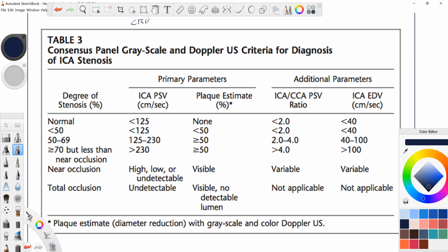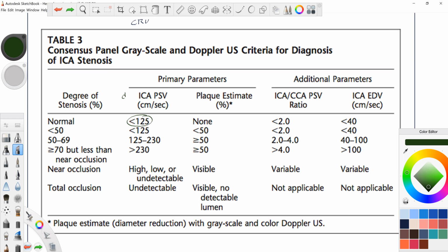Anyway, so how we read this. If my ICA peak systolic velocity is less than 125, and this is my Doppler in this plaque estimate. So let's do, of course, this is Doppler. That was just horrible, wasn't it?